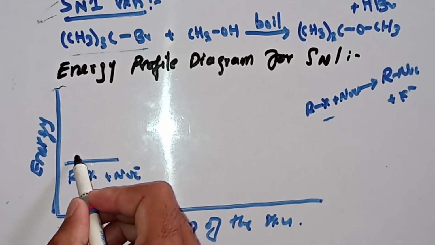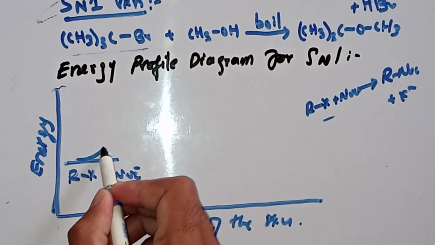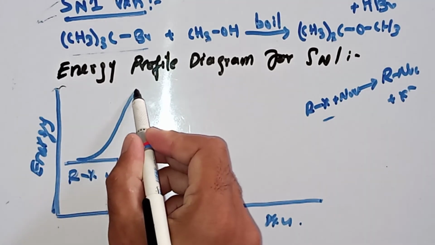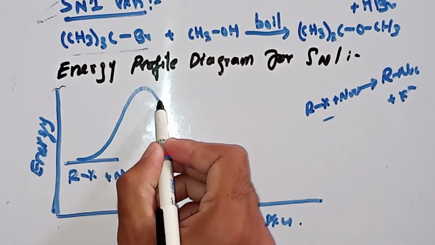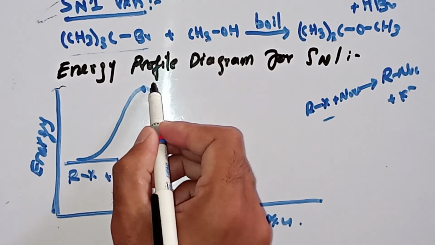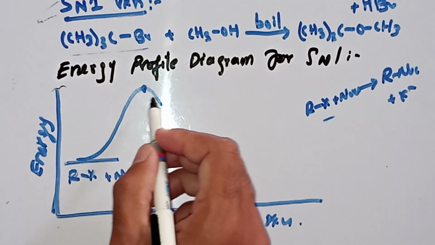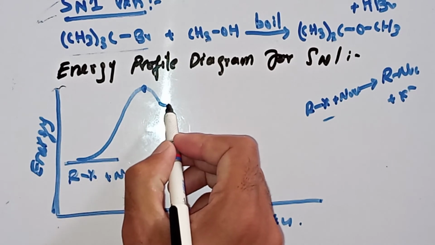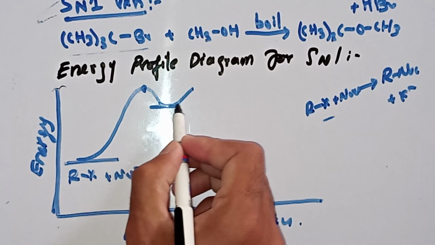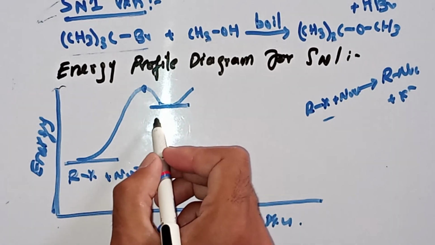It requires very high energy. The energy barrier will be very high, and this peak point is the transition state of the first step. After the first step, the intermediate is produced, so this is the intermediate position.